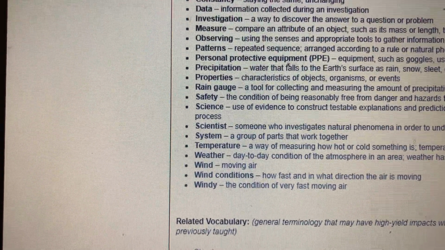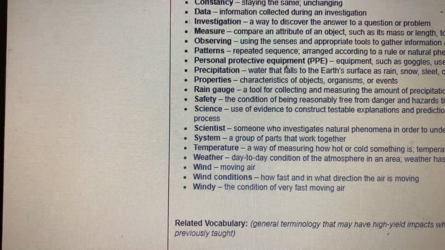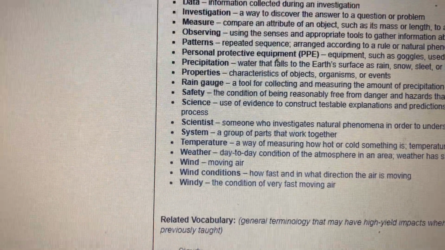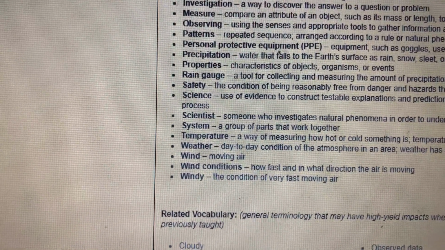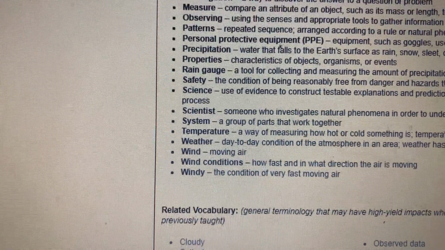That is what scientists use to cover themselves when they're doing experiments. Properties, rain gauge, safety, science, scientists.